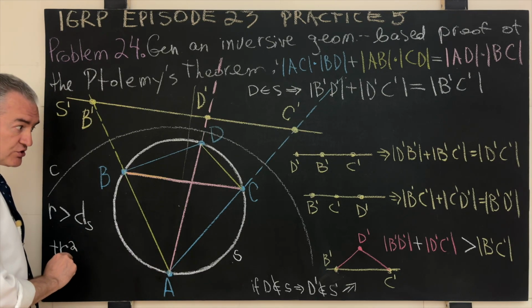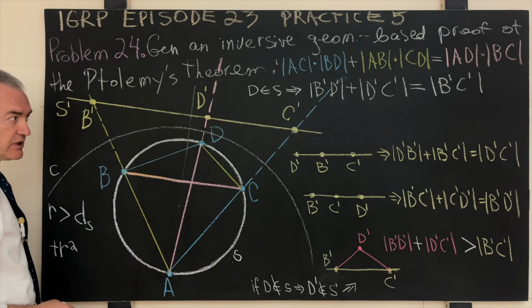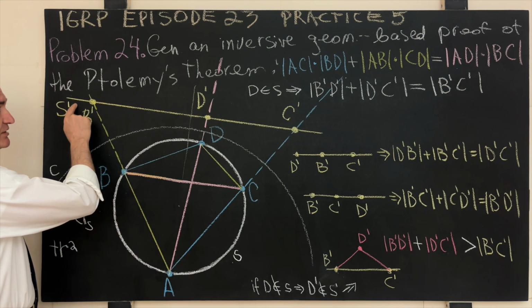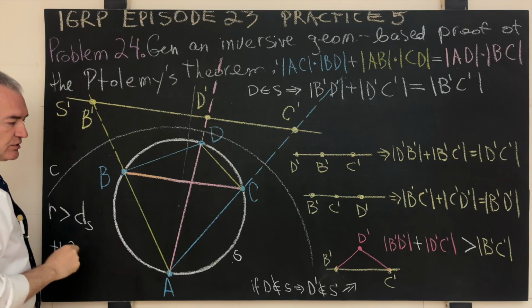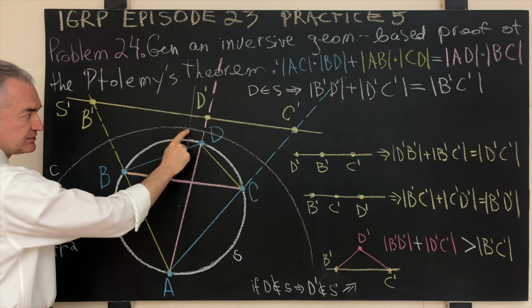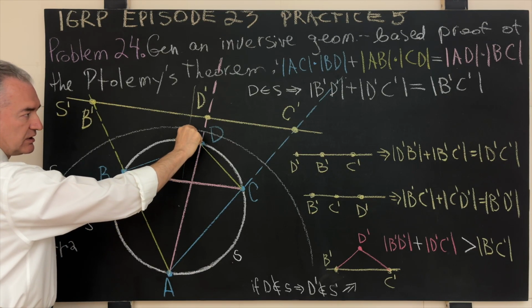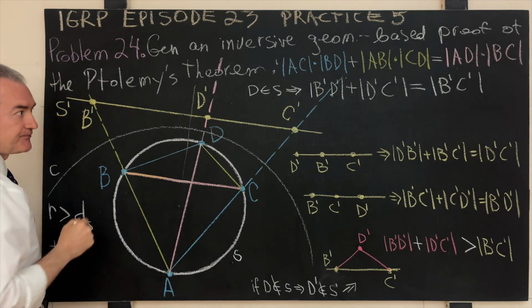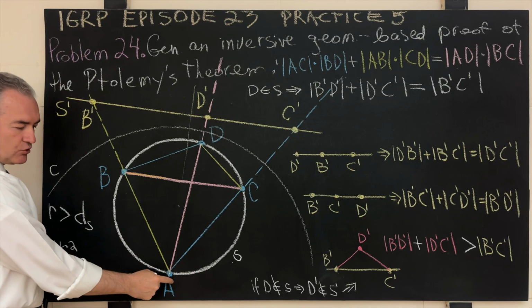The radius of inversion is strictly larger than the diameter of the circle S. That means that the straight line S prime will have precisely 0 points in common with the circle S, because this is the non-trivial distance right here between the point that belongs to the circle of inversion and our parent circle S.